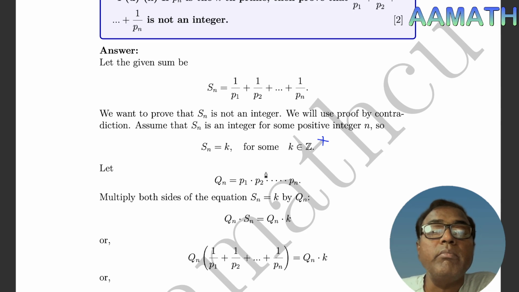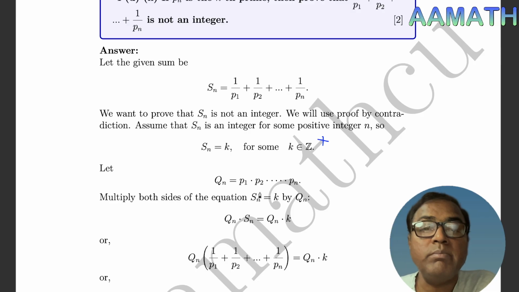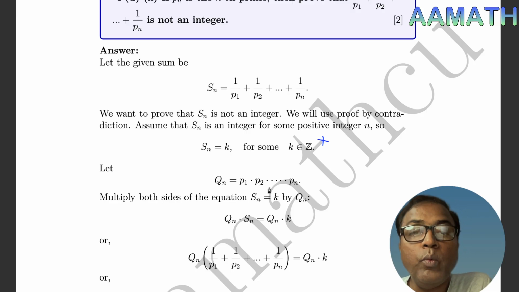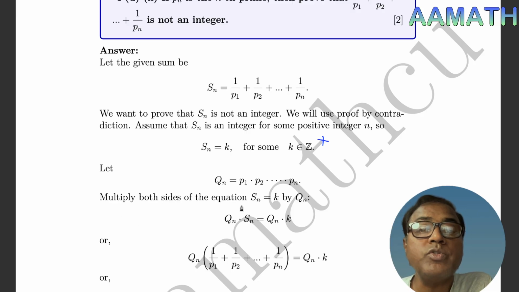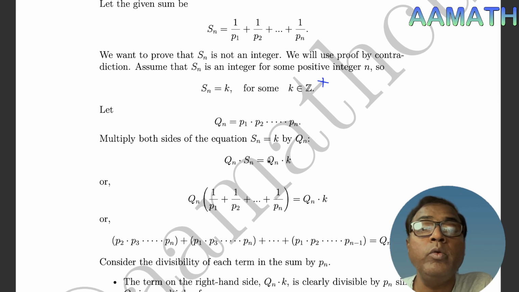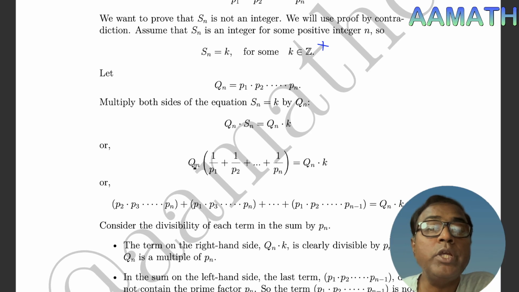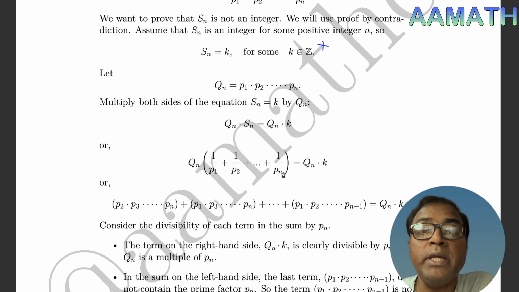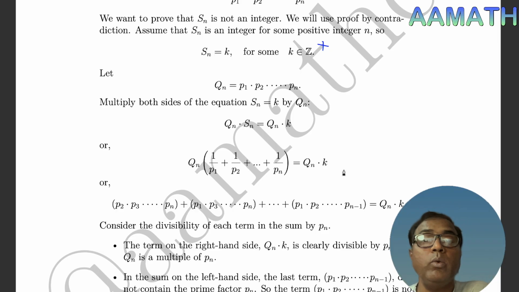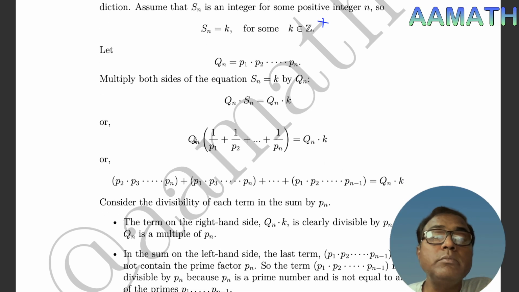Let Qn be the product of these primes P1 into P2 ... Pn. Multiplying both sides of the equation Sn equals k by Qn, we get Qn times Sn equals Qn times k. So Qn into the bracket, the value of Sn, 1/P1 + ... + 1/Pn, equals Qn into k. Now Qn equals the product P1 P2 ... Pn.